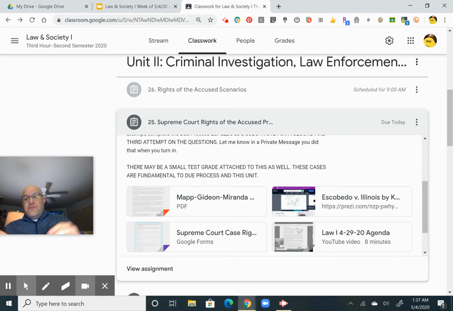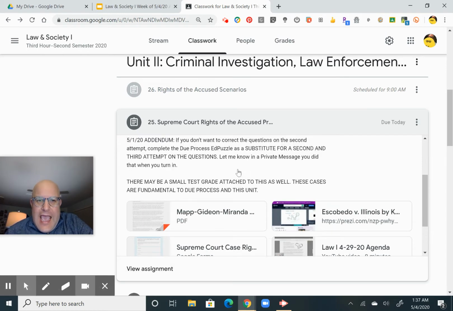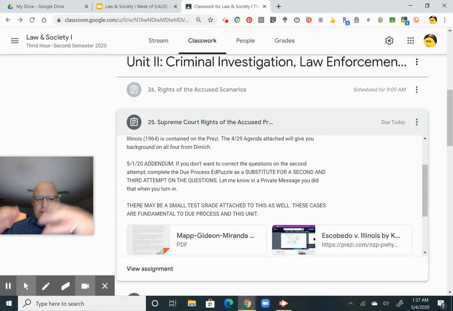The Escobedo decision is a 5-4 decision, for example. I think Gideon is a 7-2. There are a lot of dissents and a lot of different reasons. But the main takeaway is how this works and the Miranda warnings.